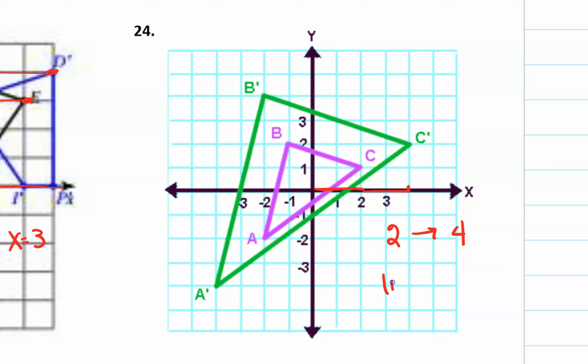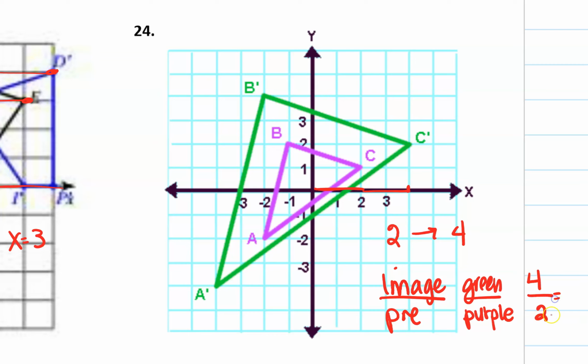Well, it is image over pre-image. The image is the after, so that's the green. So green over purple. Green is 4 units, purple is 2 units. So this is a 2-to-1 scale factor.